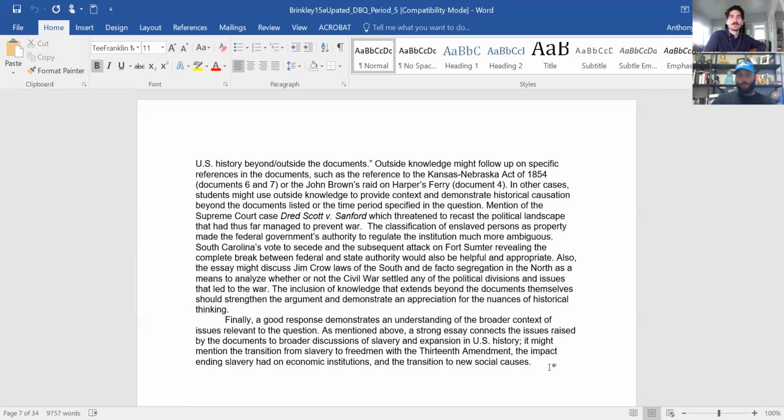So if you're making comments about the end of slavery on economic institutions, it's potentially a little beyond the frame of that period, right? For sure. And really, this is where it would be a little beyond, but also not.